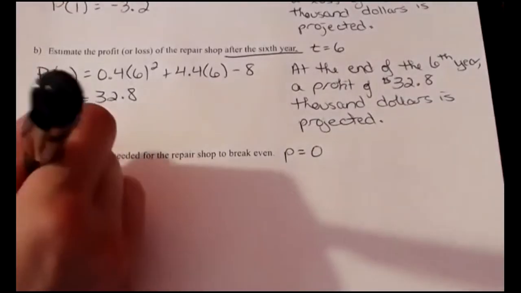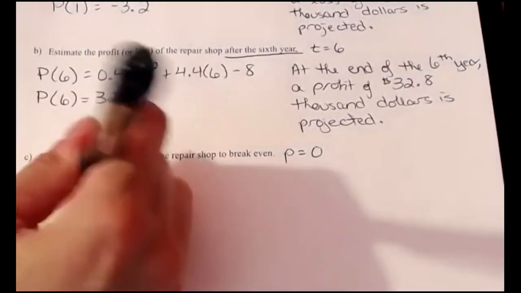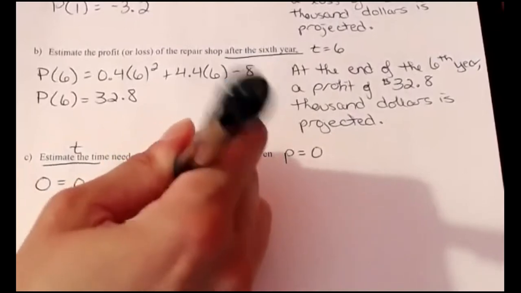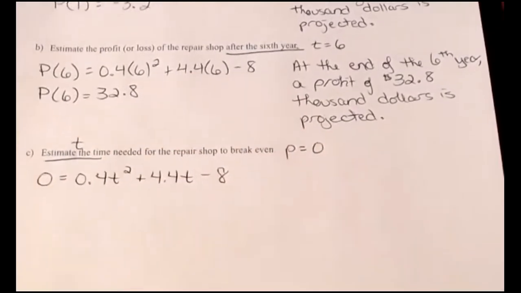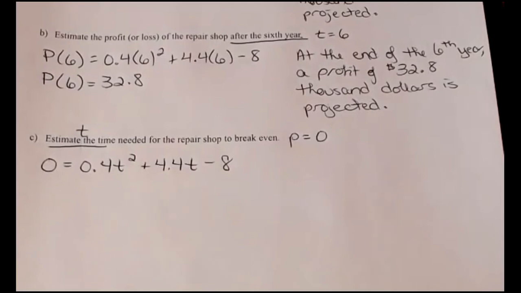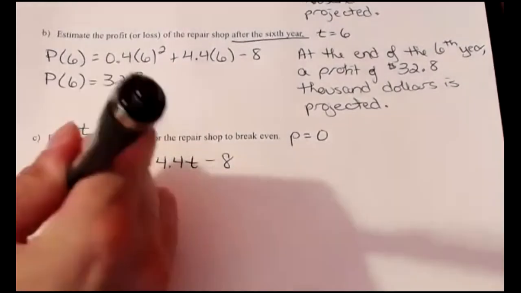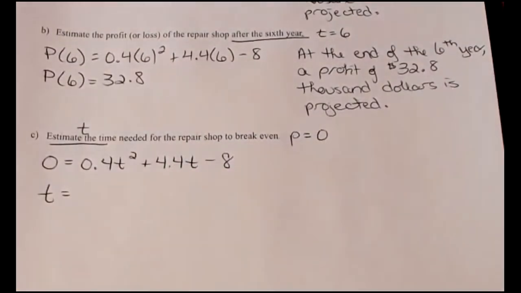We're going to rewrite it as 0 is equal to 0.4 T squared plus 4.4 T minus 8. Our objective is to solve this. Because we want to solve, obviously we're going to use the quadratic formula. Our X variable is actually T, that's our input. So we're going to say T is equal to, and now let's use the quadratic formula.